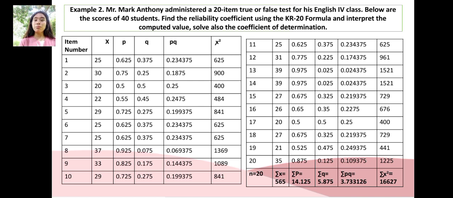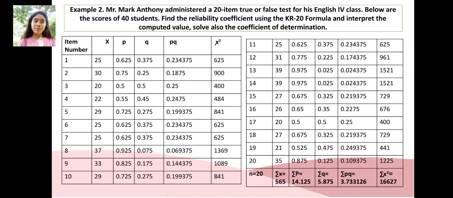As the symbol represents, we have to multiply these two, the P and the Q. In item number 2, we have P as 0.75 and we multiply it by 0.25. So our PQ now is 0.1875, and so on and so forth. Continue na siya until mahurot na ang 20 ka-items.